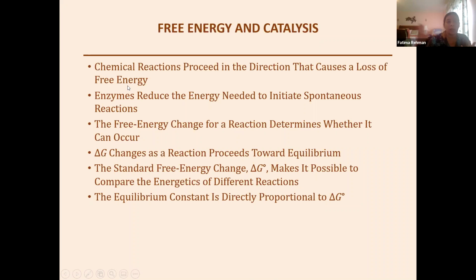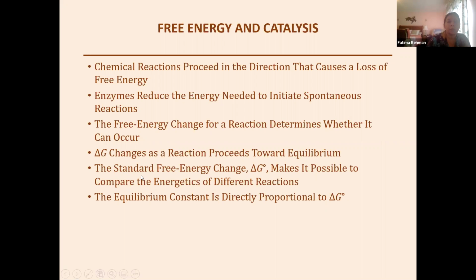Enzymes can only power the spontaneous reactions, and then they can use that energy in a coupled format to power the non-spontaneous reactions. The free energy change always tries to proceed towards an equilibrium where the overall free energy change from the chain of reactions is 0, at which point your constant is going to be 1.